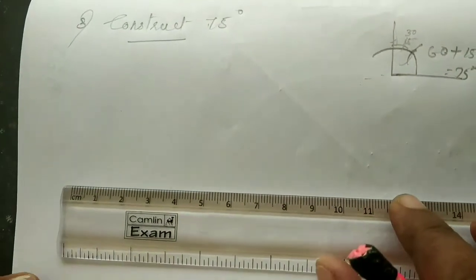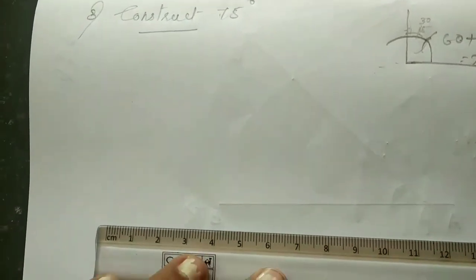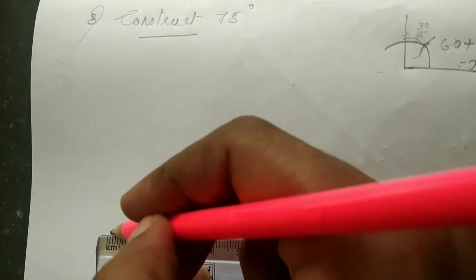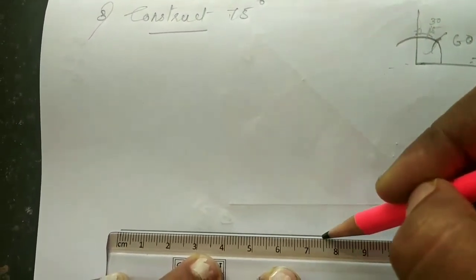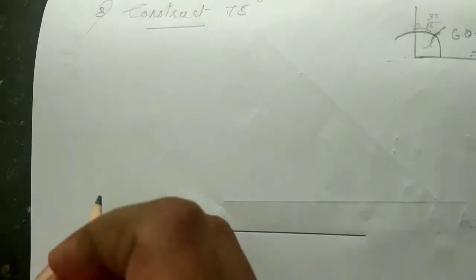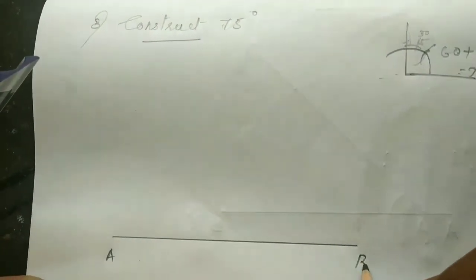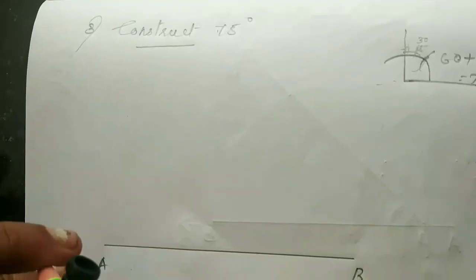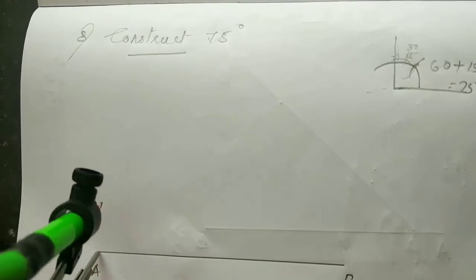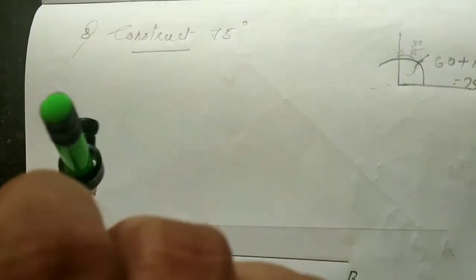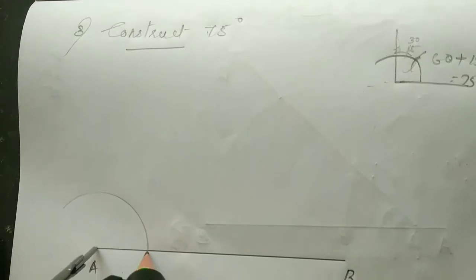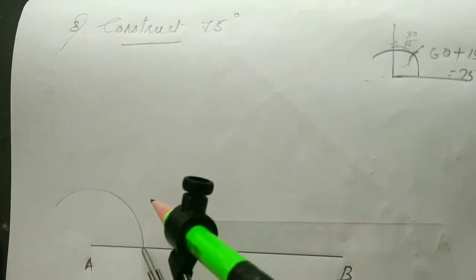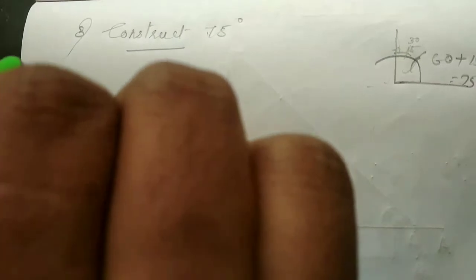So first we take the scale and we draw a line segment AB. Draw an arc. You can take a convenient arc. Okay, we just cut the arc 2 times.